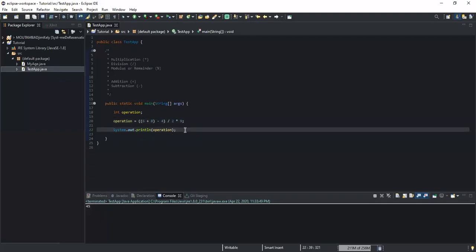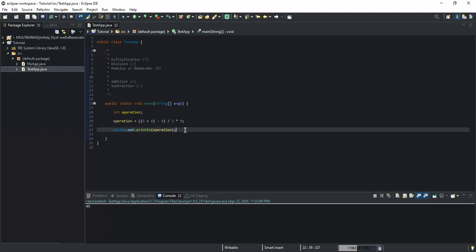So it's recommended to use parentheses or brackets in order to make your expression more clear, and to also enforce your own order of precedence, the way you want your expression to be evaluated in order to have the expected result.